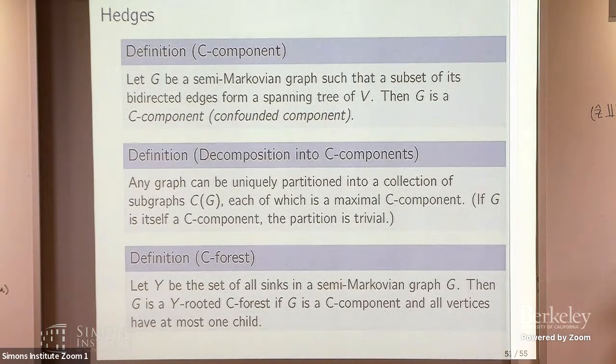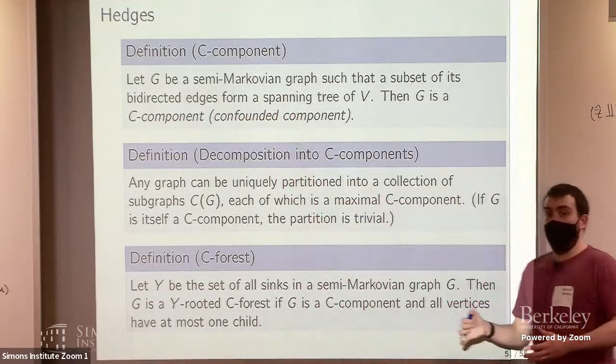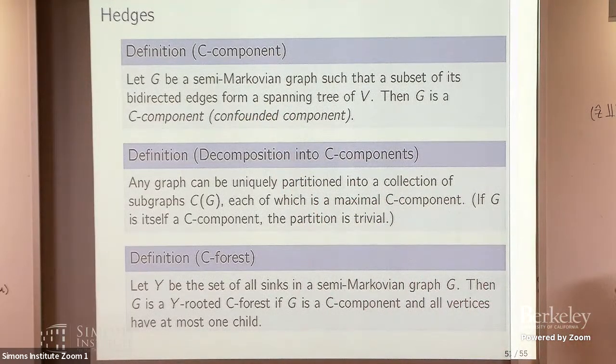But let me just introduce some of the tools that are needed to run this algorithm. The most important concept used in this algorithm is the notion of a C component. Just to define some terms, a semi-Markovian graph is a DAG with the addition of bidirected edges. A C component here is a connected component with respect to bidirected edges.